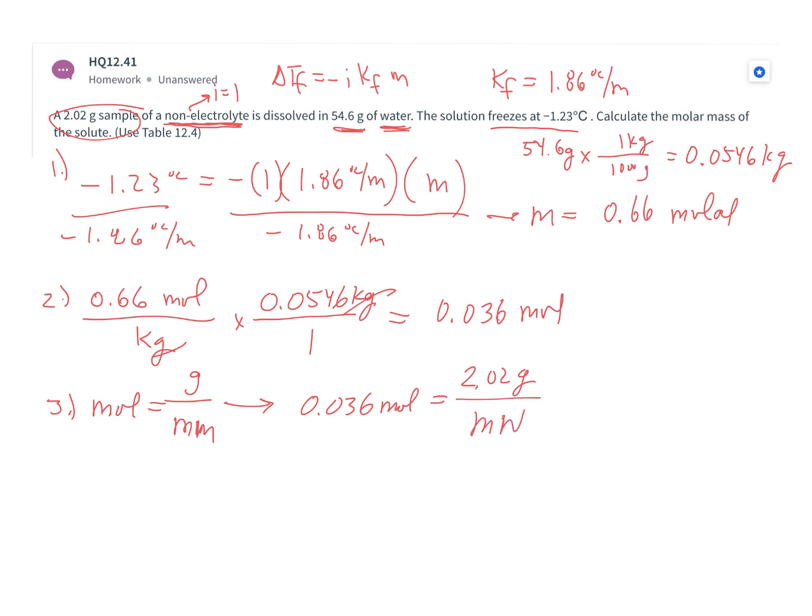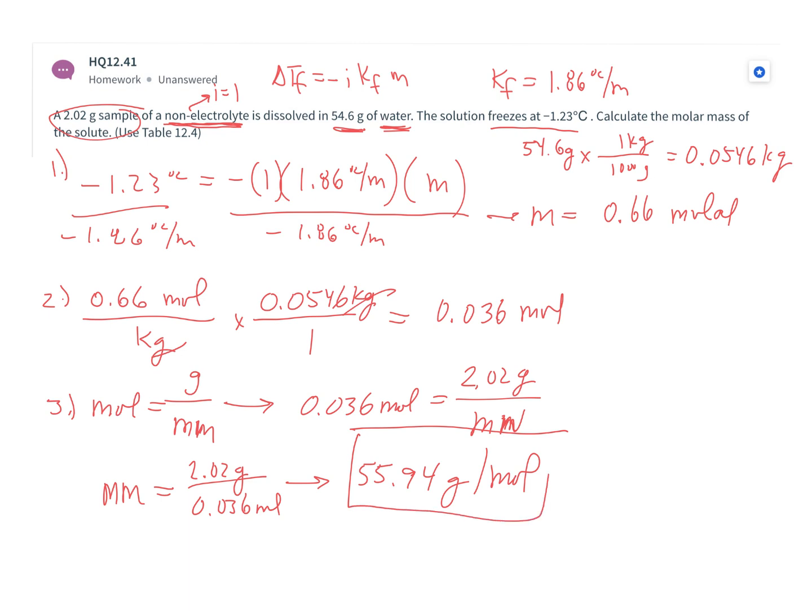So we're going to multiply by our molar mass and then divide. So we get molar mass equals 2.02 grams over 0.036 moles. Divide those, and I get approximately 55.94 grams per mole as the molar mass of this unknown.